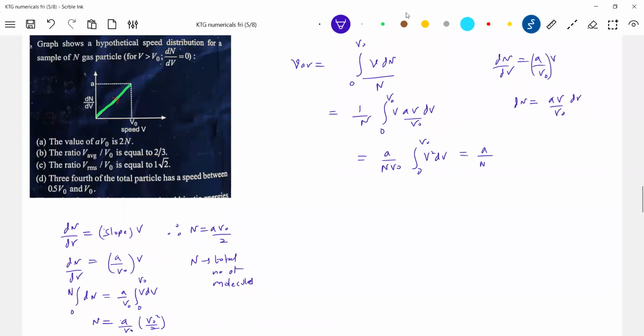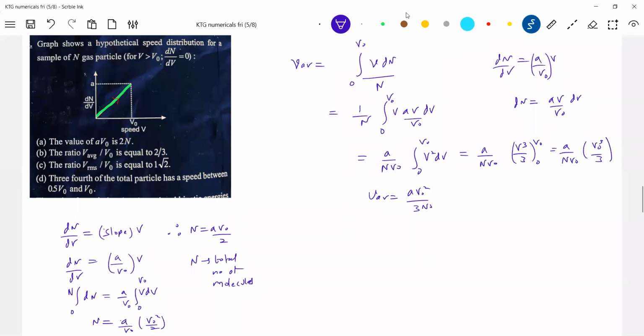Okay, this will be A by N v naught, v cube by 3, from 0 to v naught. So finally we'll end up with v average equal to A v naught square by 3N.